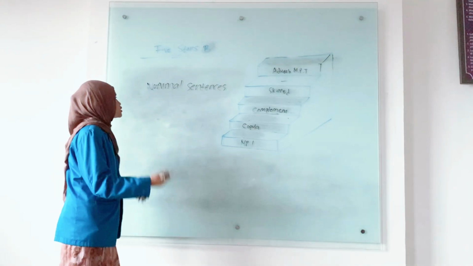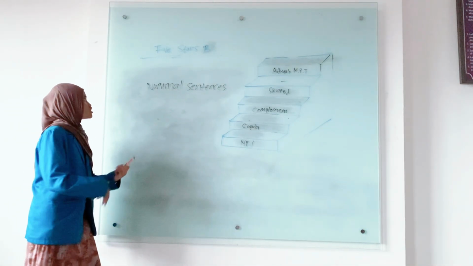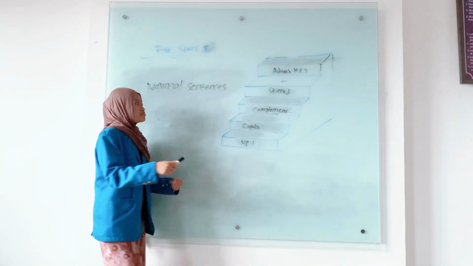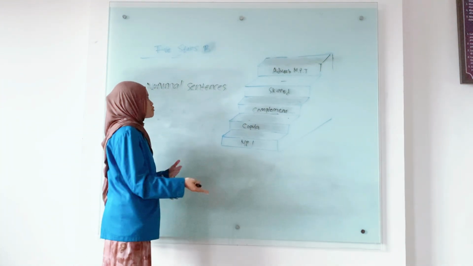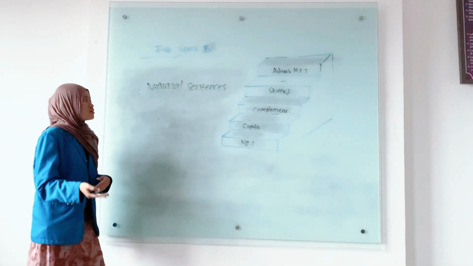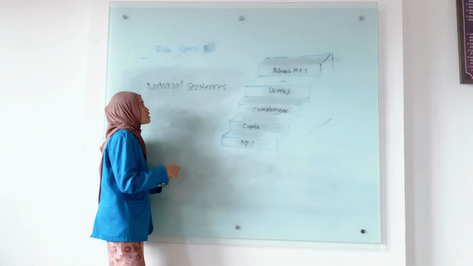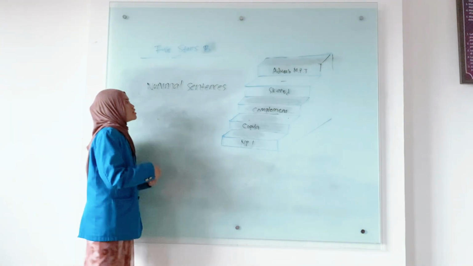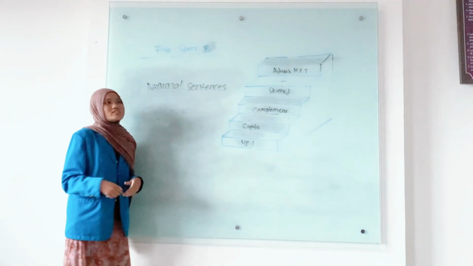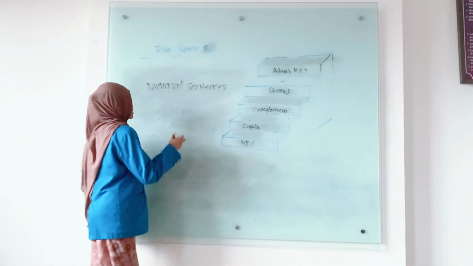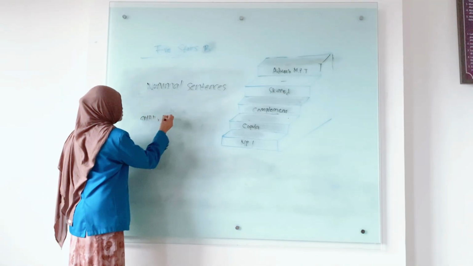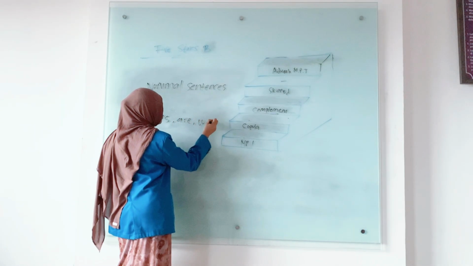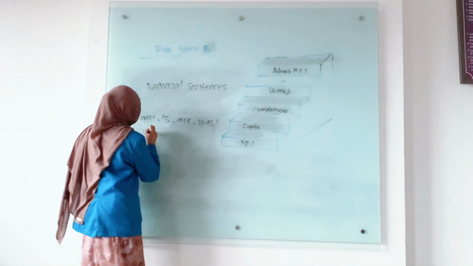The Stepping 5 Stairs B is used to construct nominal sentences. A nominal sentence is different from a full verb sentence because it doesn't have an action verb. Instead, it uses copula or linking verbs such as is, are, was, or were.